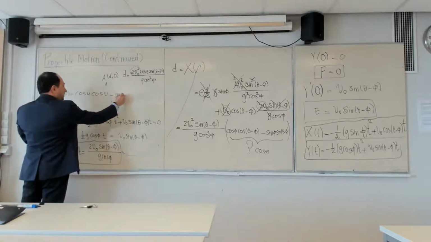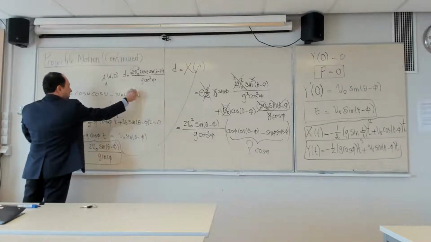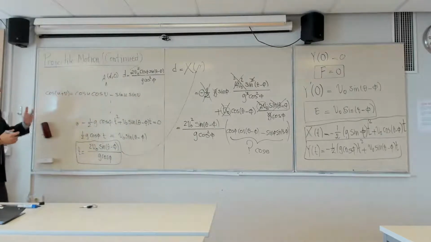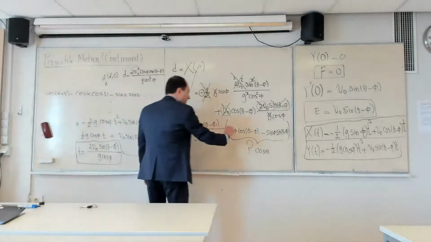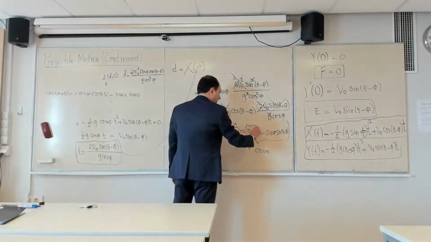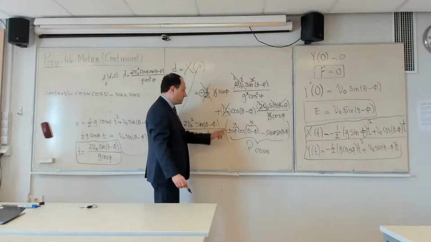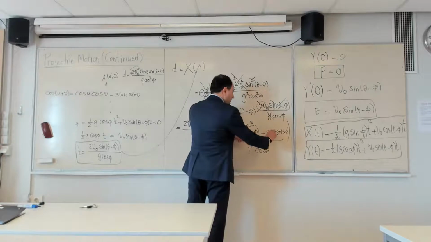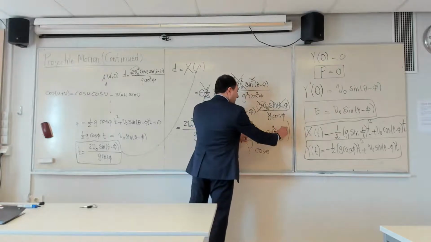So I have this scenario, yes? I have it in my memory, so that's the cosine addition formula. But you see, let us give the role of u to this one, and the role of v to this one. So this becomes cosine u cosine v, and this becomes sine u sine v.